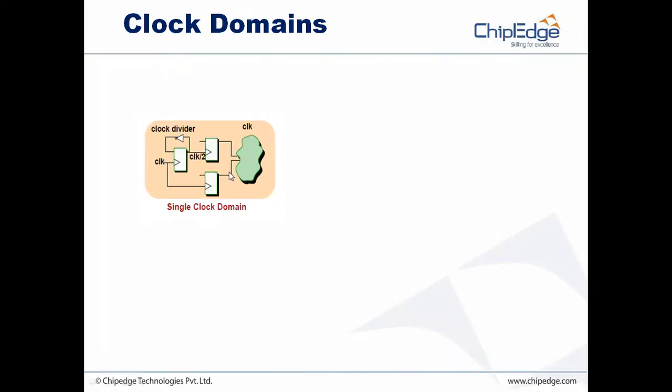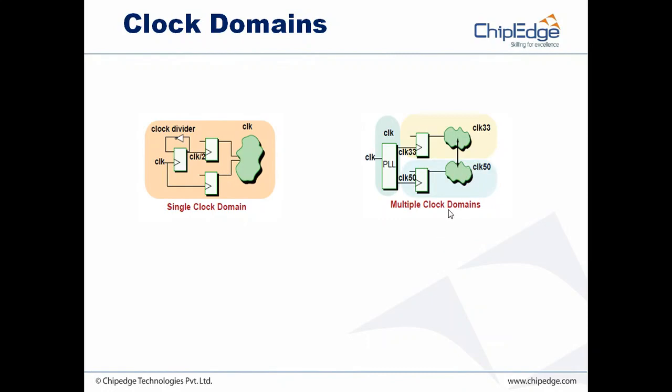The next thing is multiple clock domains. There is a PLL, a phase lock loop, which generates the clocks based on a reference clock frequency. There is a 33 megahertz clock and a 50 megahertz clock, feeding different sets of registers, and these two logics are communicating, with signals crossing from this logic to that logic.